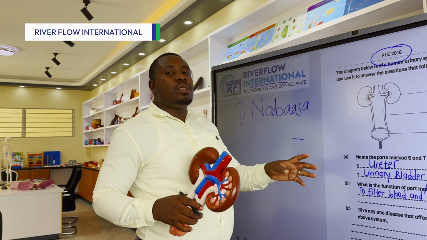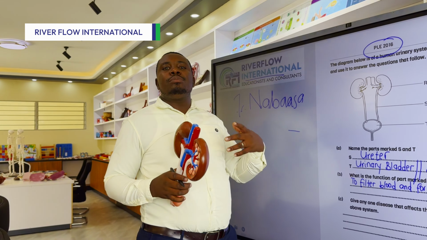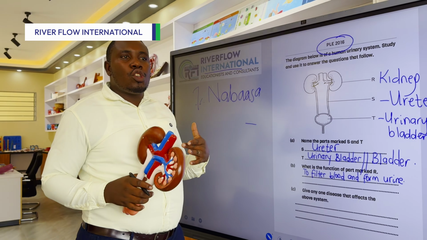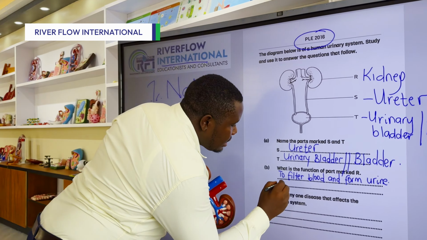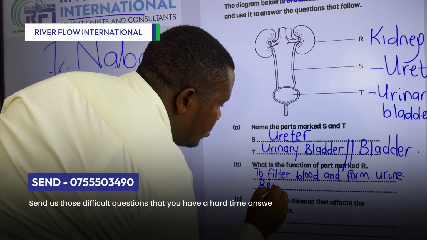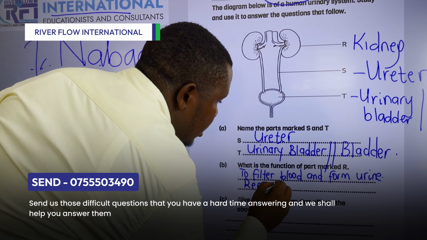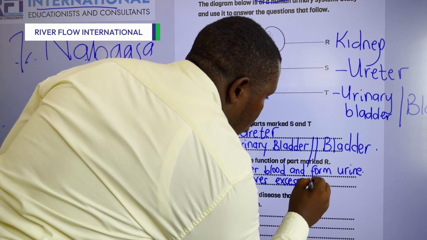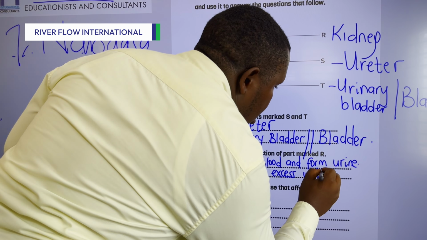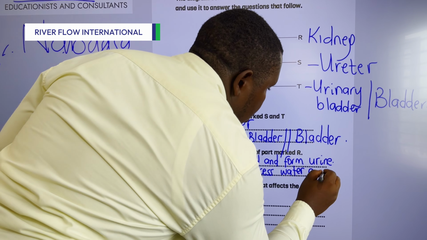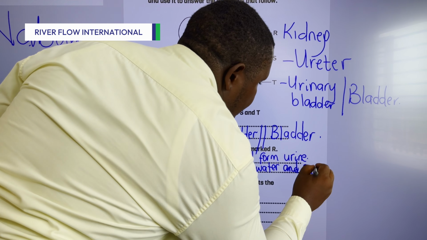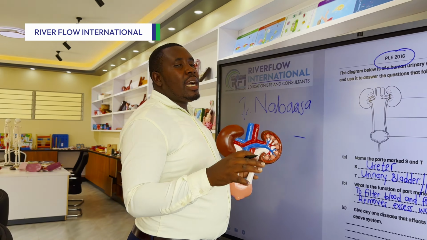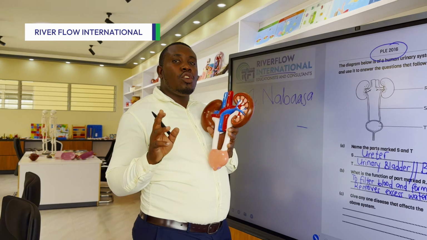But remember, as it filters blood, it is removing wastes. Okay? So then also it removes excess water and salts. Very important.